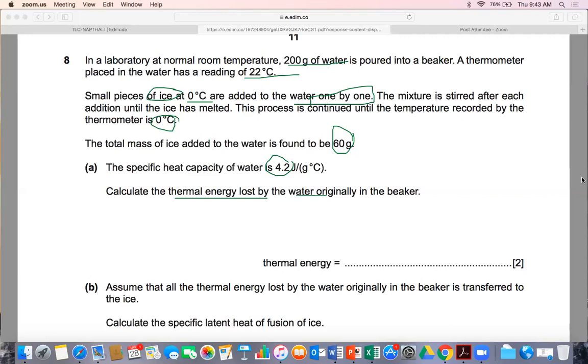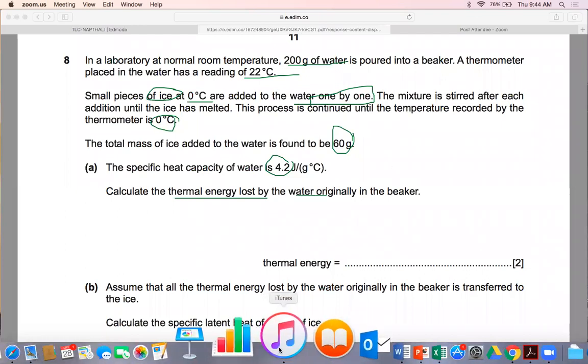This is one of the first few topics that we learned in class, specific heat capacity and all that. 200 times 22 times 4.2. Correct. So what formula are we using?